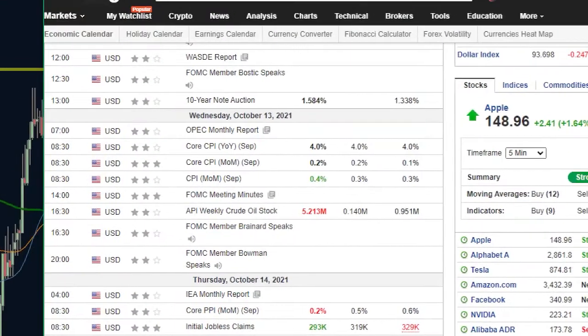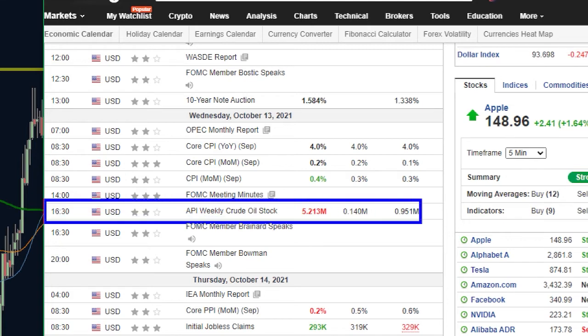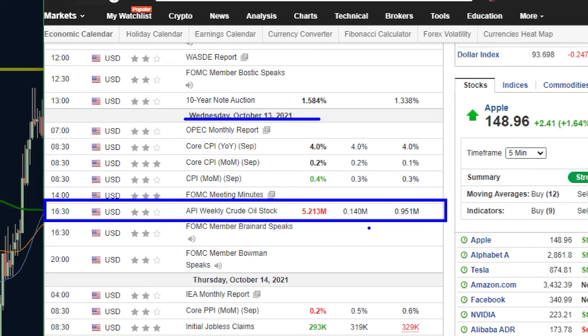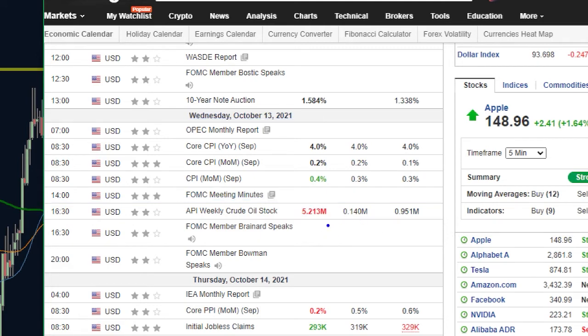But right here, we're looking at last week's, and from the time I'm recording this, it might be 2 weeks ago, but we're looking at the API report for Wednesday, October 13th. And in this case, the API report, you wouldn't have known this number yet, but the API report came out at 5.213 million.